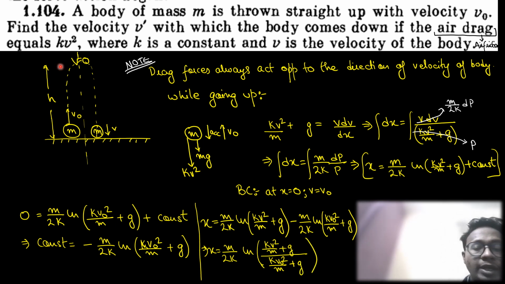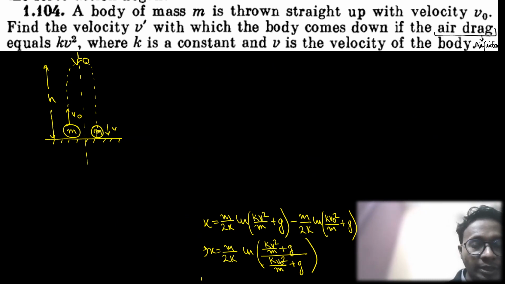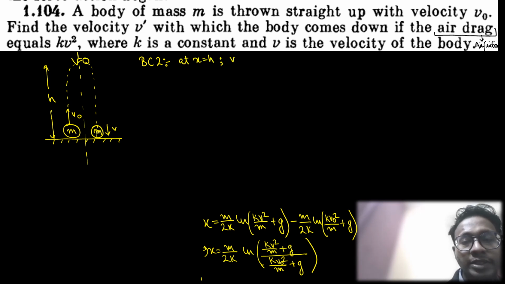Now we need to find the value of h. So using this equation, if I put the value of h here, can I get the value of v? What is the value of v at the topmost position? The value of v is 0. So if I put v is equal to 0 here, I'll get the value of h. Now we need to find the maximum height. So for maximum height, we put the boundary condition at x is equal to h, v is equal to 0.